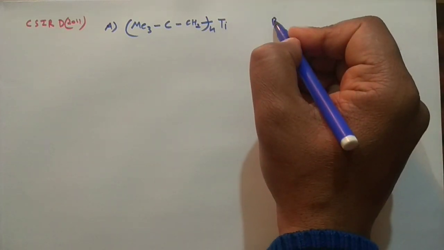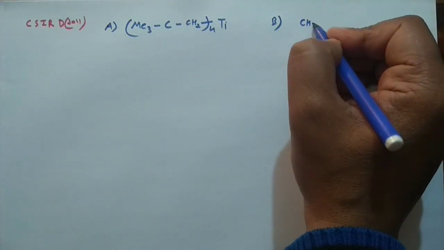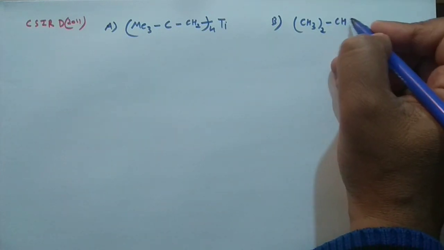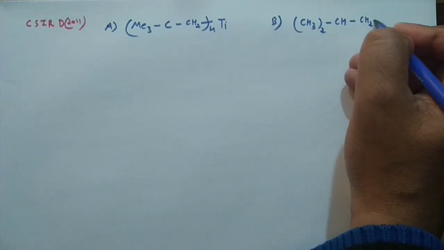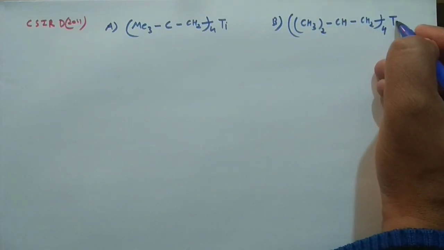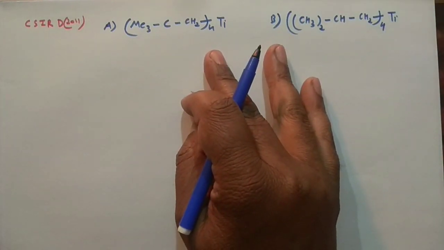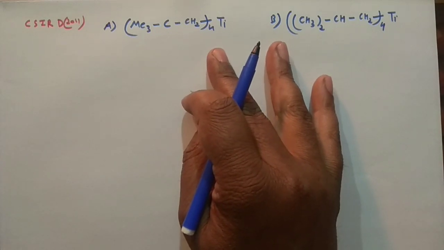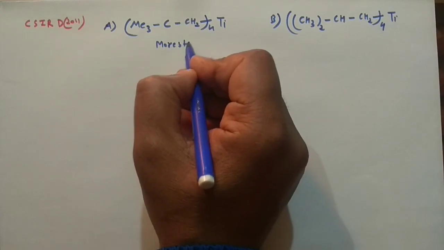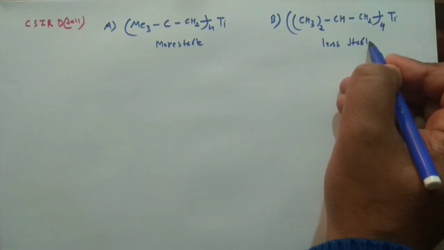And then they have given you complex B, and in that case there is CH3 present twice, this is CH, and here you can see the CH2 again present 4 times, and your titanium is there, A and B. They have given some features there, and they said that this is more stable and this is less stable.